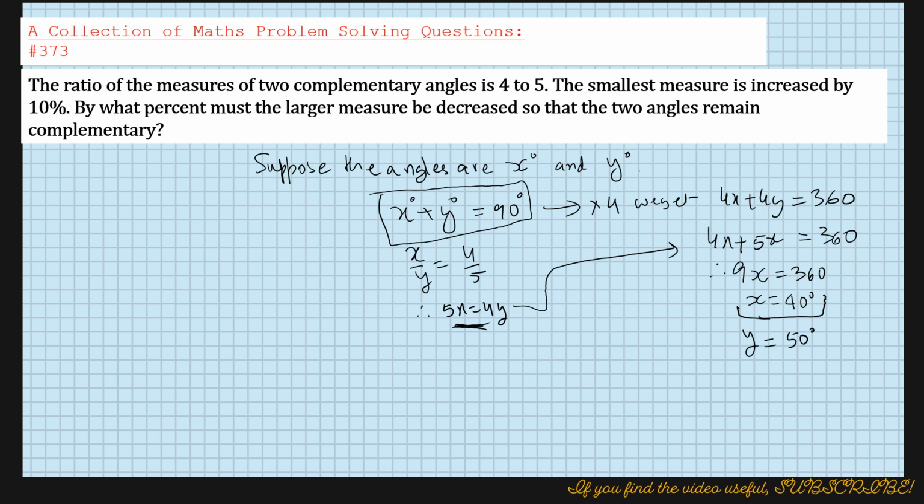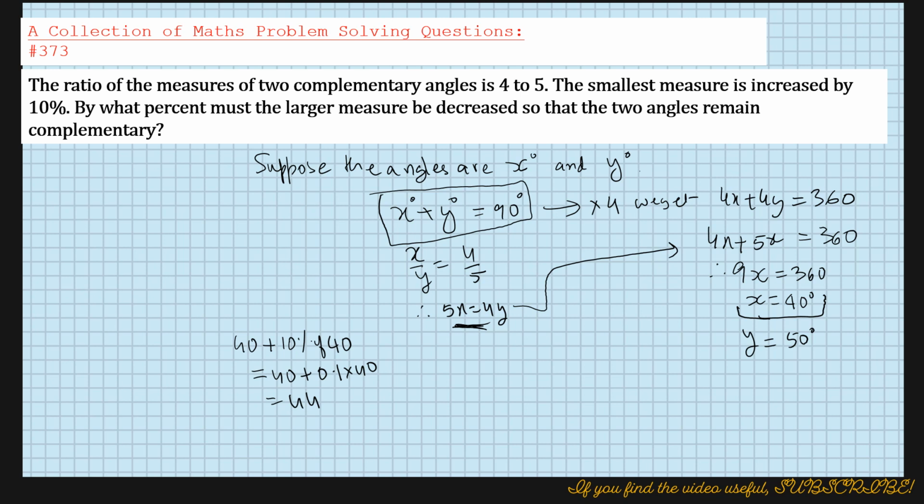what we can do is, it is increased by 10%, so we can say 40 plus 10% of 40, and that would be 40 plus 0.1 times 40, that is 44.